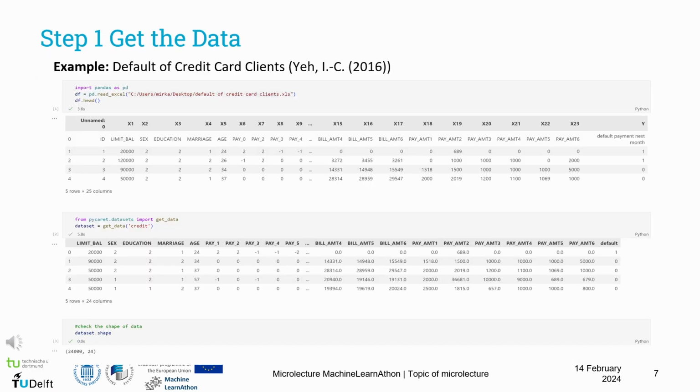For our demonstration, we will be using the dataset titled Default of Credit Card Clients, originally compiled by Yeh in 2016. This dataset contains a record of credit card users along with information that can be used to predict whether a user will default on their payment.